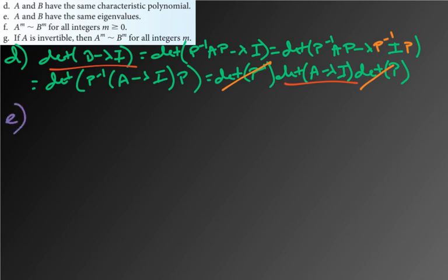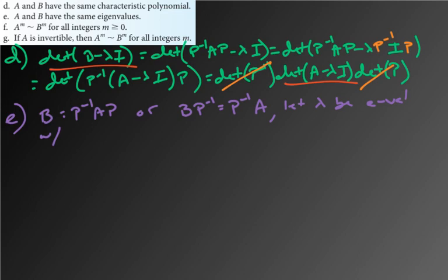So for this one, I'm going to start with B equals P inverse AP again. Or likewise, BP inverse equals P inverse A, if I move things around a little bit. And then we're going to let lambda be an eigenvalue with corresponding eigenvector x.